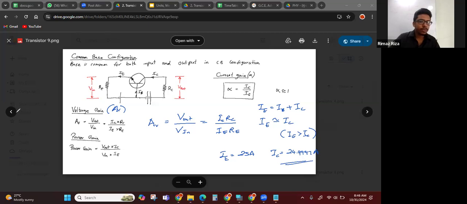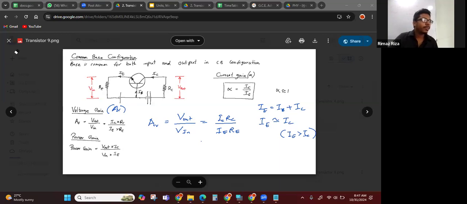So if you want a good voltage gain, you can increase the value of RC compared to RE. So that's the voltage gain.